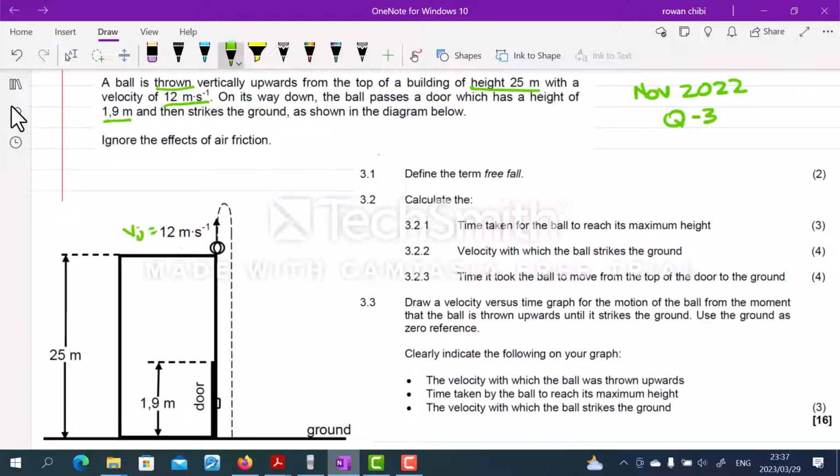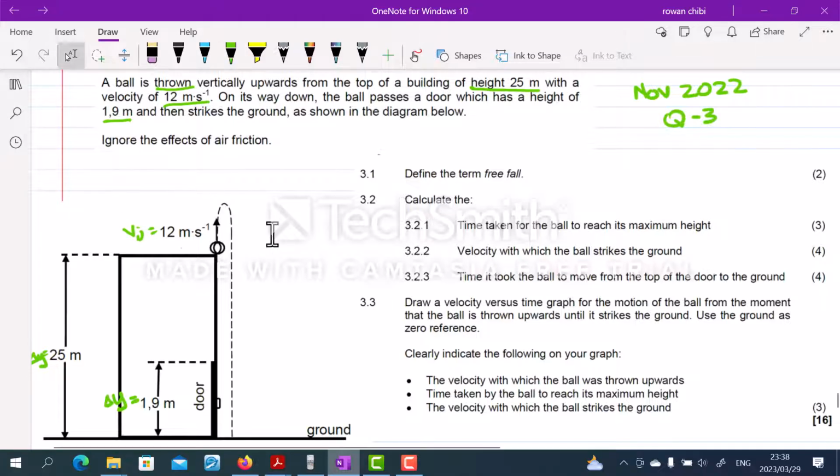So here is a door, and the height of this door is 1,9. The height of the building is 25 meters, and then the ball strikes the ground as shown in the diagram below. Ignore the effects of air friction.